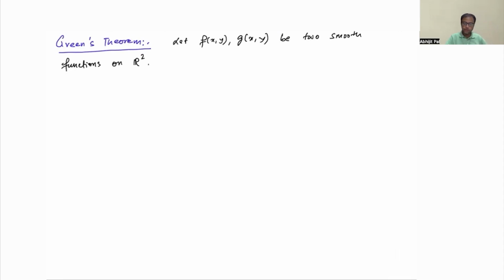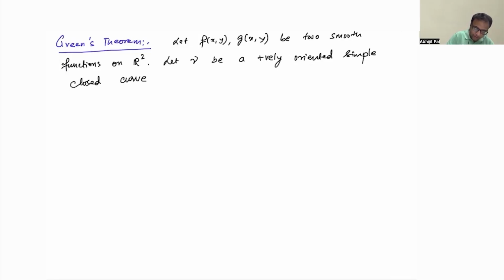And let gamma be a positively oriented, meaning the orientation is given anti-clockwise, simple, closed curve in R2.